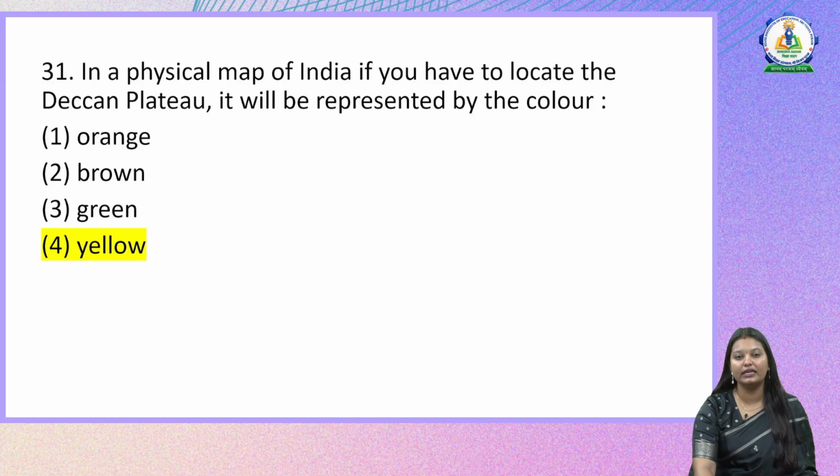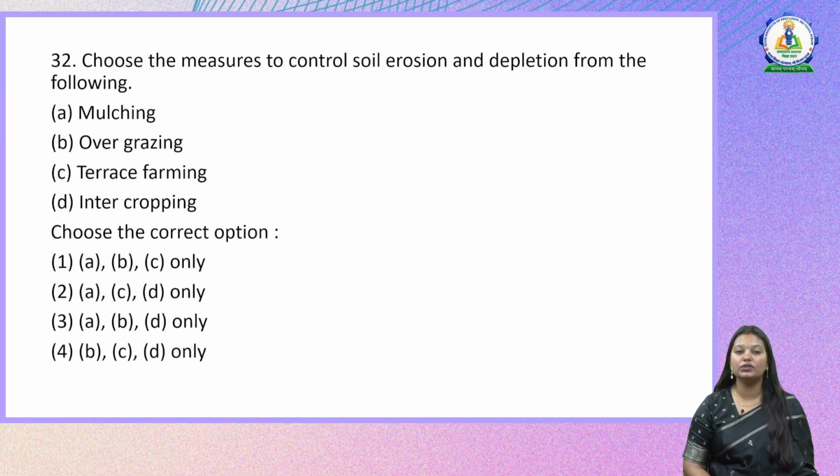So moving on to the next question. Choose the measures to control soil erosion and depletion from the following. They have given us four measures, and we need to tell which of these help to control soil erosion and avoid depletion of the soil. Let us look at mulching, overgrazing, terrace farming and intercropping.